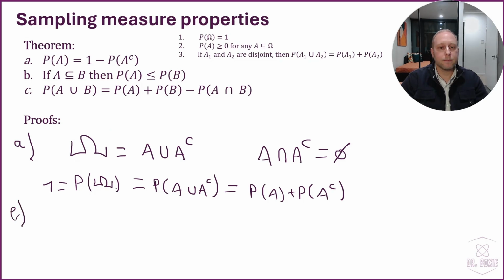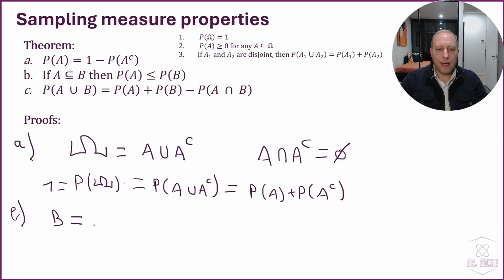For part B, now we are given the fact that A is a subset of B. So how can we prove the fact that P(A) is less than or equal to P(B)? Well, we can write B in the following way.